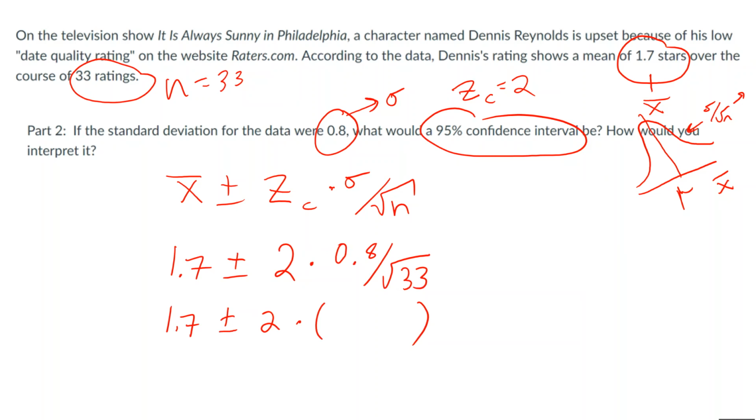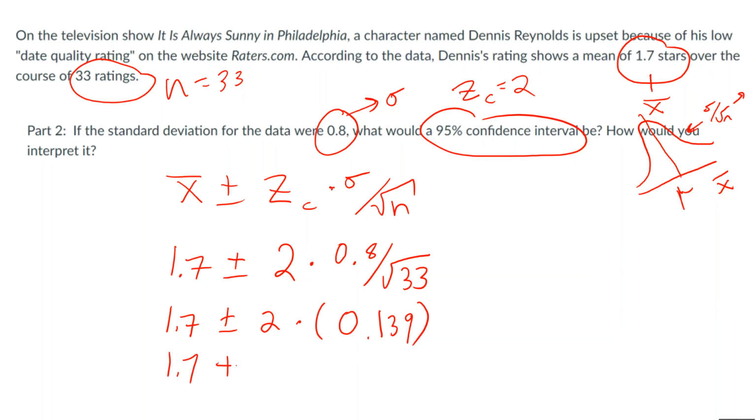And I got 0.139. Then I'm going to multiply it by 2 and get 0.278. That's the whole margin of error.